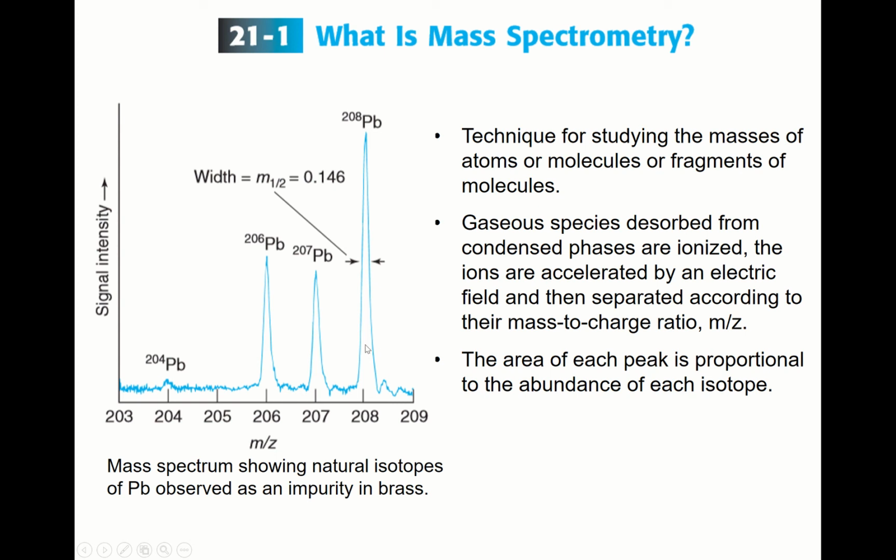Since we know the lead atomic weight is around 206, 207 or 208, we can immediately know this lead is ionized, and the charge is plus 1, because in m over z, z is the charge and m is the mass. So these numbers are mass numbers. As I said, the area of each peak is proportional to the abundance of each isotope.